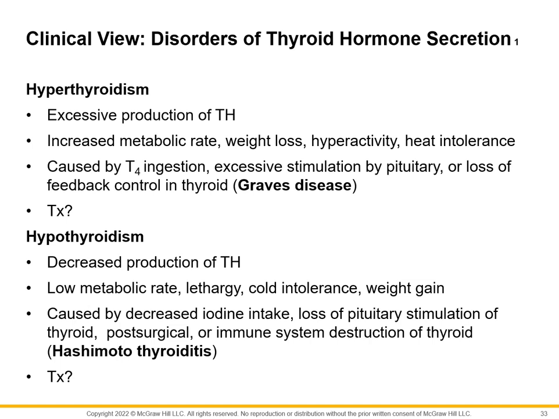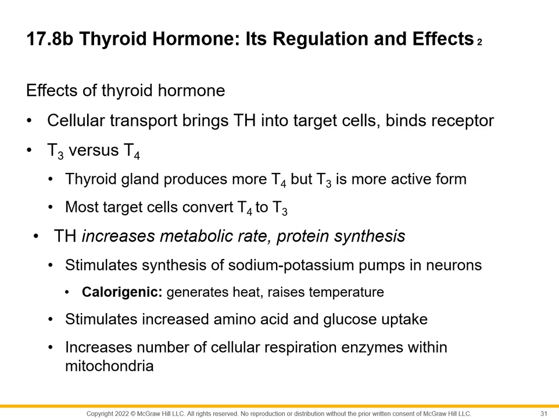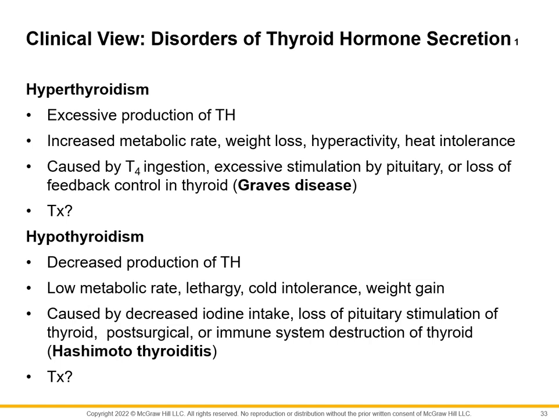We just went through it: it increases heart rate, respiratory rate, and metabolic rate, so the uptake of glucose, and protein synthesis, all those things. So with hyper or hypothyroidism, you essentially take those normal effects and either turn them up if it's hyperthyroidism, or turn them down if it's hypothyroidism. That's an easier way to think about these things.